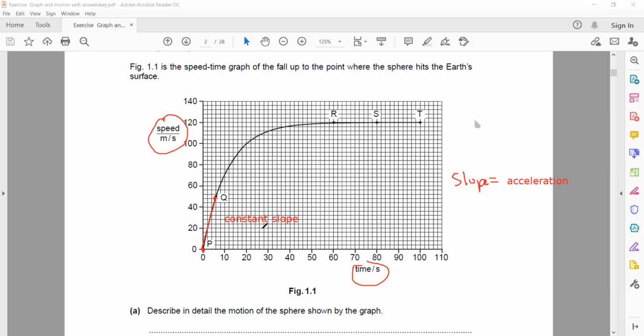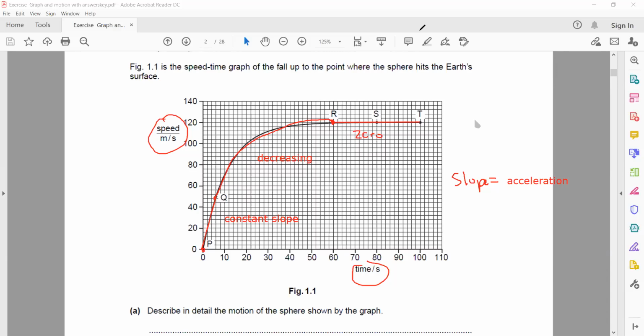From Q to R, what happened to the slope? The slope is decreasing. Slope means angle with the x-axis. Speed is increasing, but the slope is decreasing. And from R to T, what happened to the slope? That is 0.